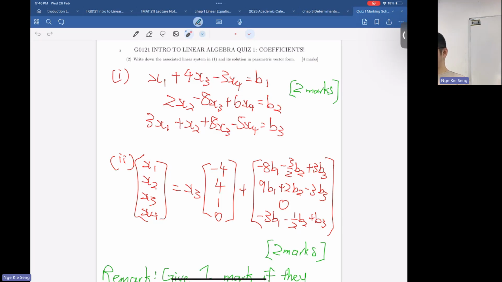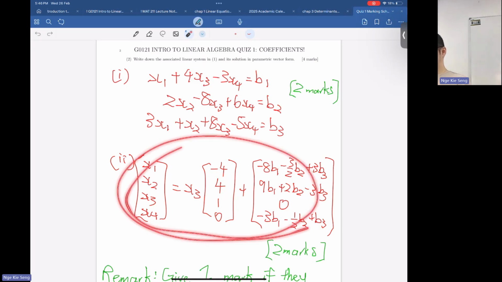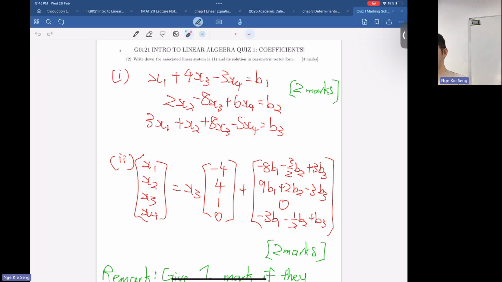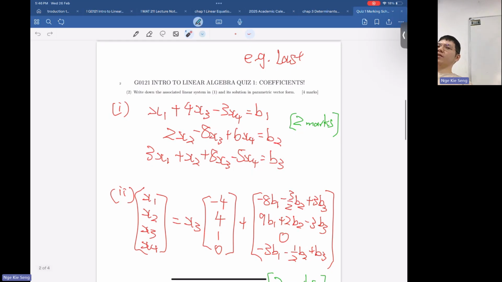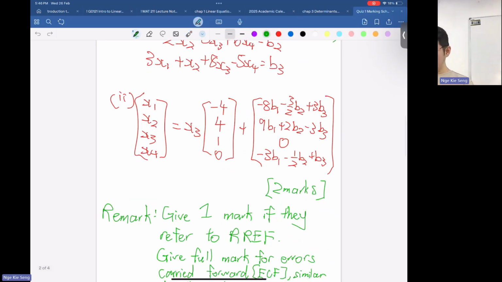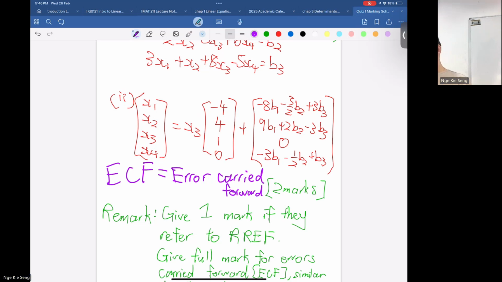Because these questions are connected, if you get one wrong, then the whole chain is wrong and you would lose a lot of marks. So instead of that, we do something called ECF, error carry forward. Based on your error, we see what you get.